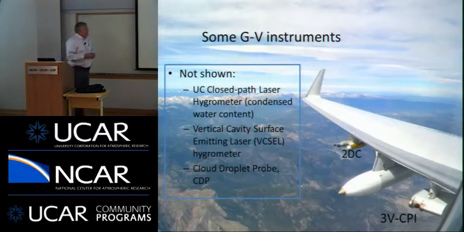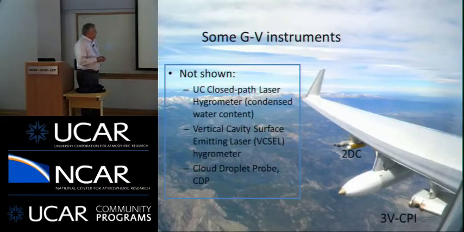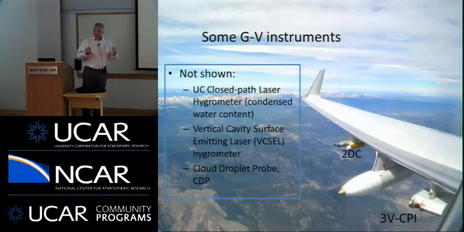So I want to mention a couple of the instruments we're going to use. The instruments include the fast 2DC probe, which most of you are familiar with, but in case you're not, this is a diode occultation probe. It has a 25 micron resolution, a workhorse for the last 30-some years for this kind of work. Unfortunately, with a 25 micron resolution, it's really a limitation in terms of the morphology you can get.